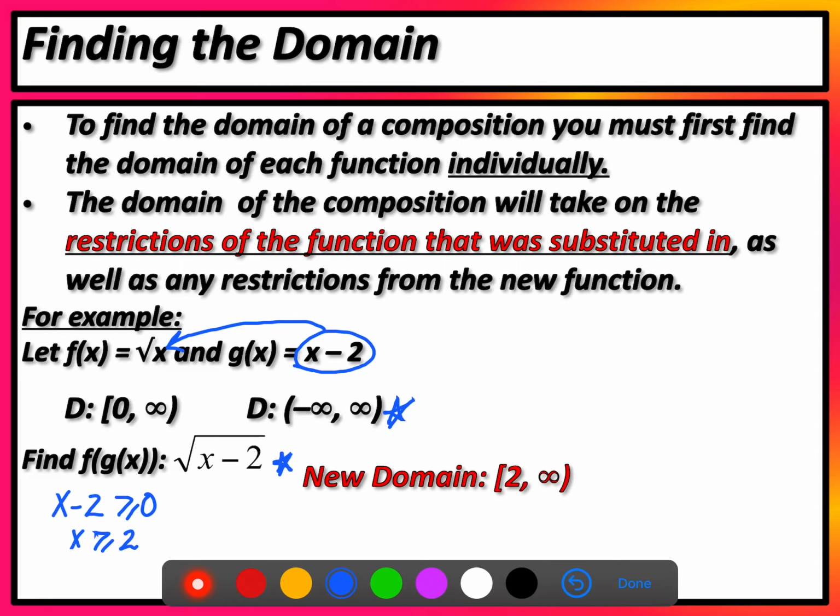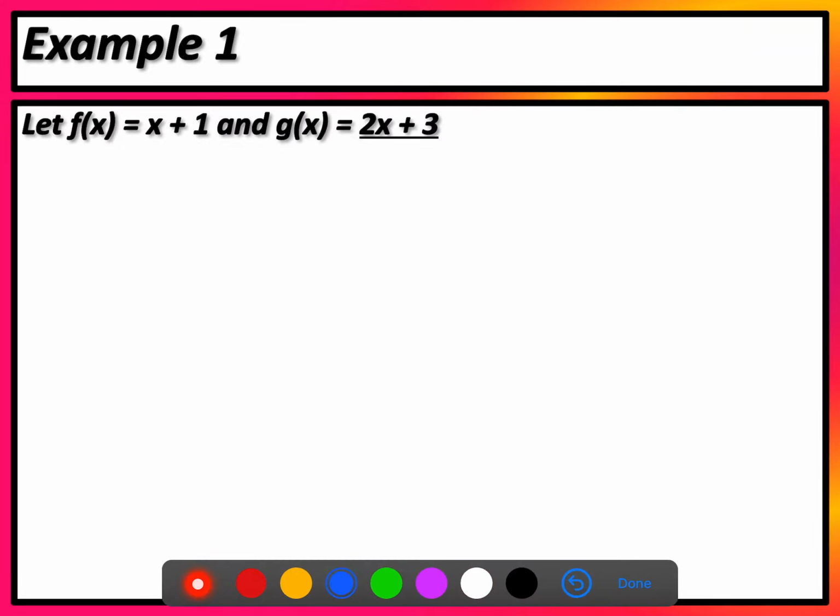Okay, so let's try some examples. Here are our first two functions. f is linear, which means it's going to have a domain of negative infinity to infinity. g is rational.